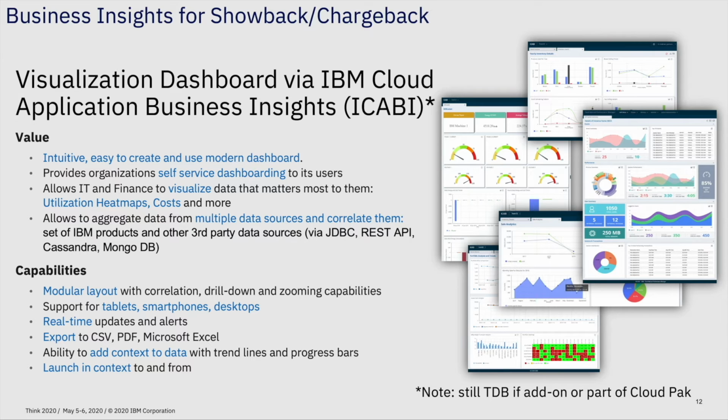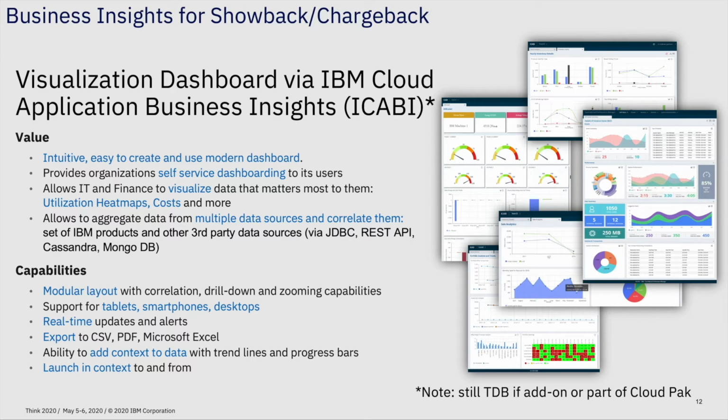In order to provide intuitive, easy, and creative modern dashboards, we are also going to apply the IBM Cloud Application Business Insights capabilities to the showback and chargeback reporting capability of the Cloud Pak. It allows IT and finance organizations to visualize data that matters most to them: utilization, heat maps, cost, and more.